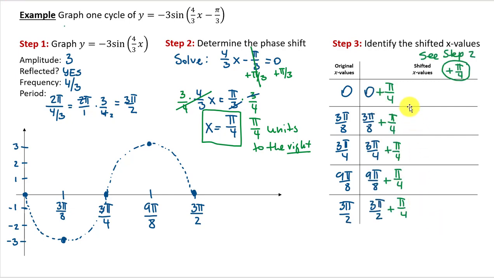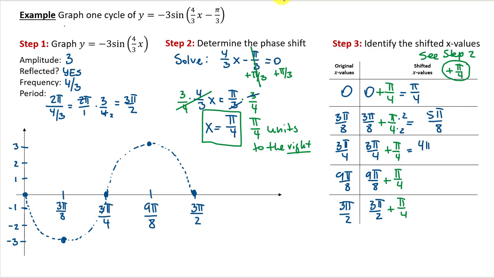And to find new or shifted x values of the key points, I'm going to take the original values and add pi over 4, because remember, that's the phase shift that we found in step 2. So the first point will be add pi over 4. The second one, I'm going to have to create same denominators, so it's 3 pi plus 2 pi, 5 pi over 8.